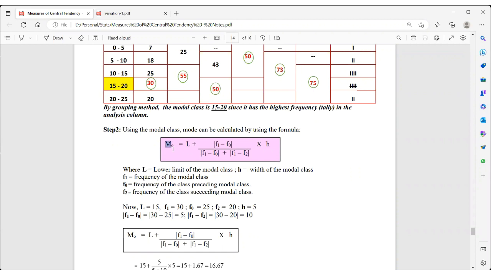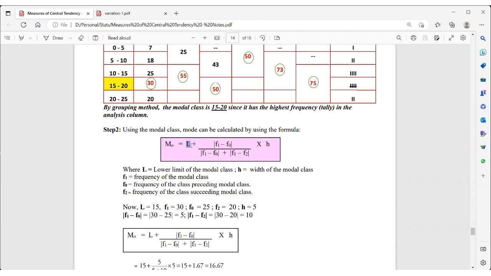M is for the mode. M equals L plus modulus of F1 minus F0 upon F1 minus F0 plus F1 minus F2, into H. Now what is this?